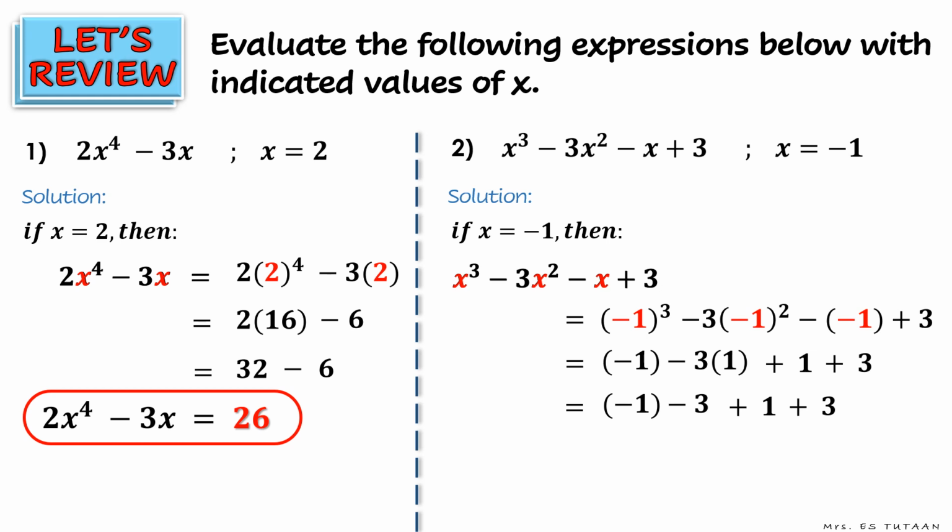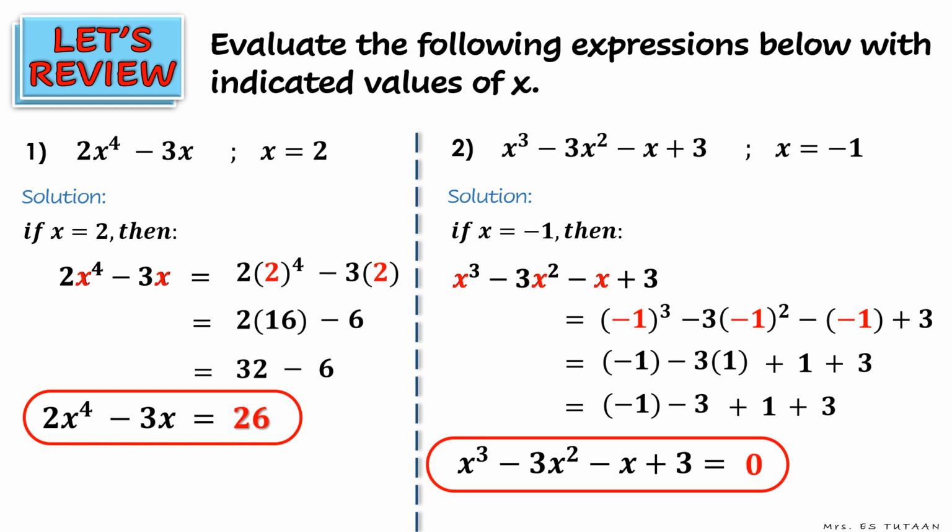And then, copy the remaining terms, and now we can simplify. Wala na tayong grouping symbol na nakikita dyan. So, we can now simplify. That means, x cubed minus 3x squared minus x plus 3 is equal to 0. So, yan na ang simplified form ng expression kung ang value ni x ay negative 1.